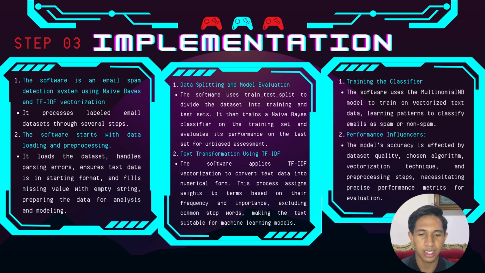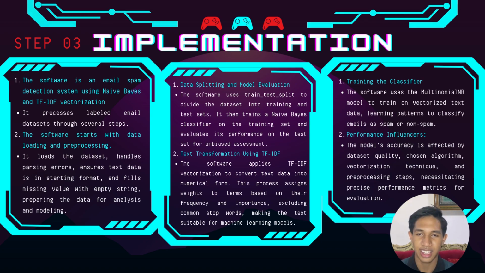The accuracy of the predictions is calculated using the accuracy_score function, and a detailed classification report is generated using the classification_report function. These metrics provide insights into the performance of the model, including precision, recall, and F1 score for each class. Thank you.